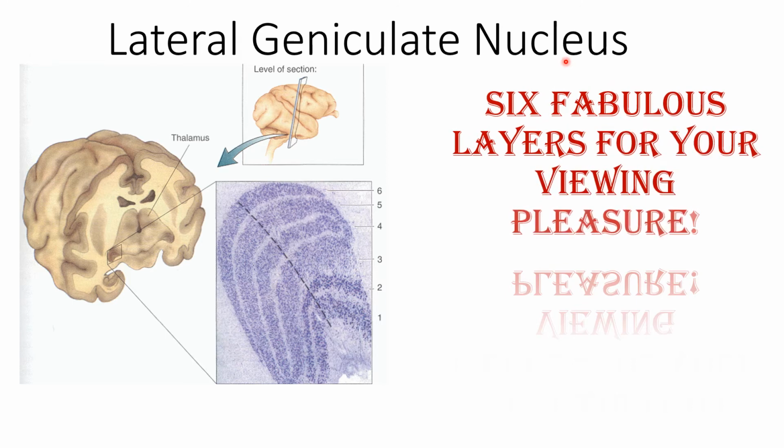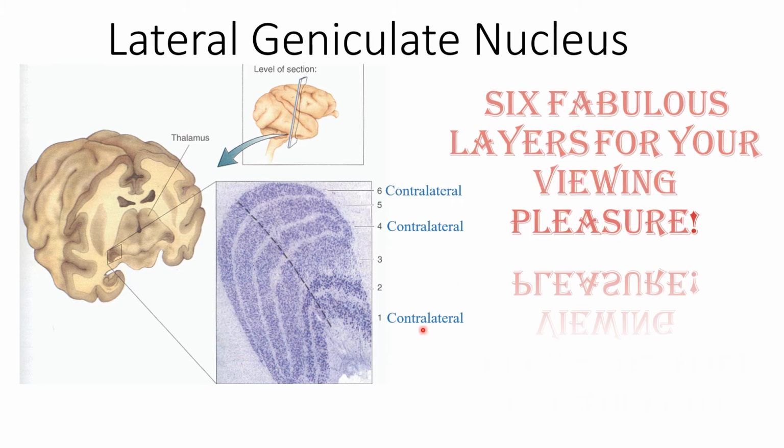So the optic nerve axons are terminating in this lateral geniculate nucleus, and they're terminating in 6 different layers of the lateral geniculate nucleus, labeled 1 through 6. Now, 3 of those layers, layers 1, 4, and 6, are receiving contralateral input.